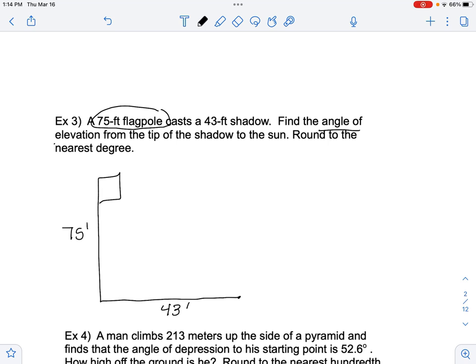Now, the fact that I'm asking for an angle of elevation means that I must be on the ground looking up. And we want to start at the tip of the shadow. So we're going to start right here, and we're going to look up from there. Now, it says to the sun. That's just making sure you understand, class, that the only way there would be a shadow on the ground is if there was a sun behind the flagpole over here shining down on the flagpole.